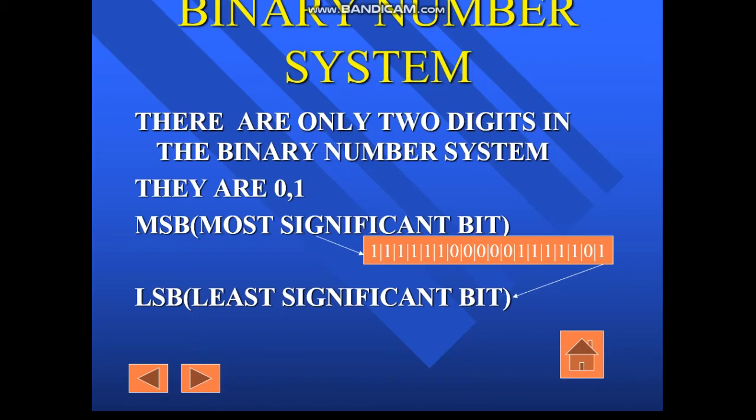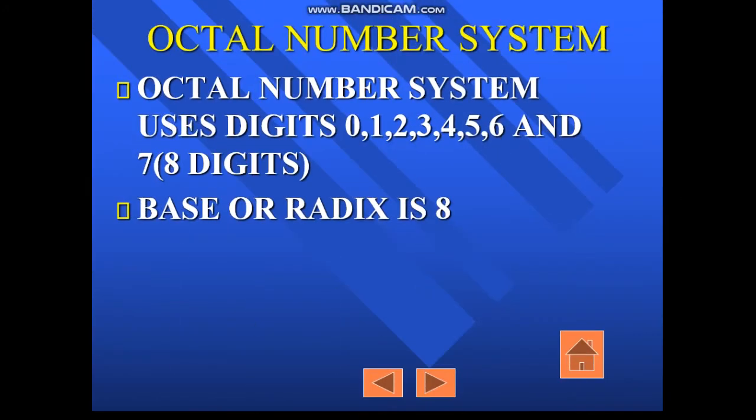Let's move on to the octal number system. The octal number system uses the digits 0, 1, 2, 3, 4, 5, 6, and 7. It has eight digits; it is not using 8, but it is using 0 instead of that.